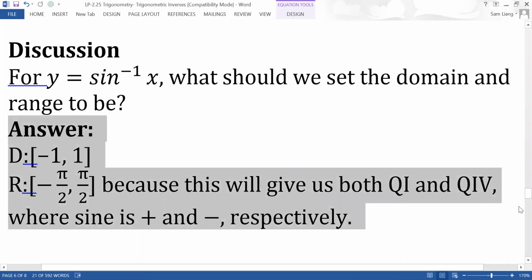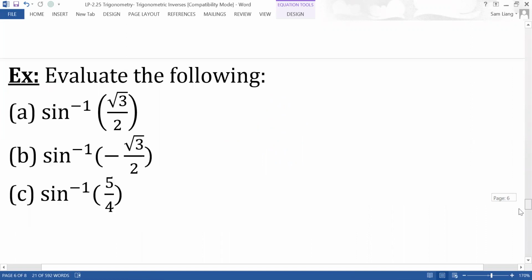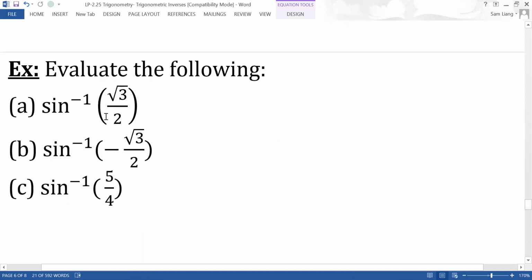All right, follow-up question. I want you to evaluate the following really quickly: arc sine of root 3 over 2, arc sine of negative root 3 over 2, and then arc sine of 5 over 4. Take like 20 seconds and answer that.